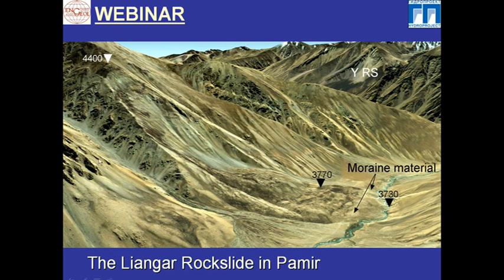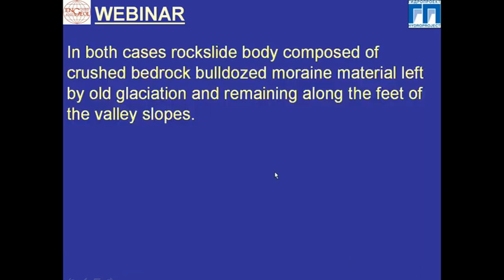Again, we have the headscarp, we have the body, whose outer part is composed of moraine material, while most of the body is crushed bedrock. On the background, it is marked by YRS. It is the Yashelkul rock slide, which I will describe further. In both cases, the rock slide body is composed of crushed bedrock, bulldozed moraine material left by old glaciation, and remaining along the feet of the valley slopes. It bulldozed this in front of it.